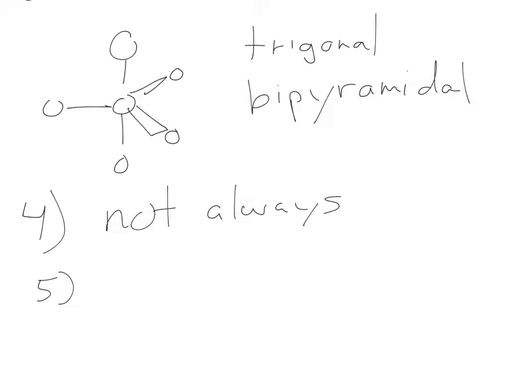Although the linear molecule in the bottom left only has nonpolar bonds. But the trigonal bipyramid at the bottom has a mixture of both. Okay? So in number 5, I think I have to use the word may, because I've seen examples of all of them. Nonpolar molecules may contain polar bonds.